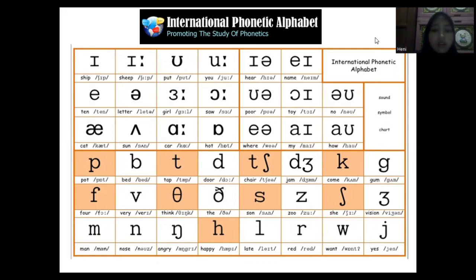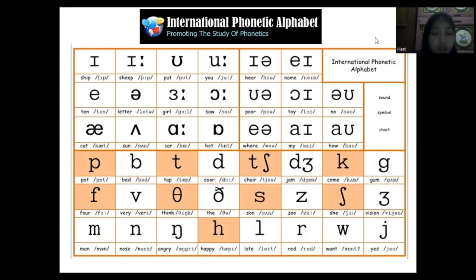Next up, we have the fricative consonants. F and V sounds are pronounced in the labial area. F is voiceless. The example is for. Next, V is voiced. The example is very.